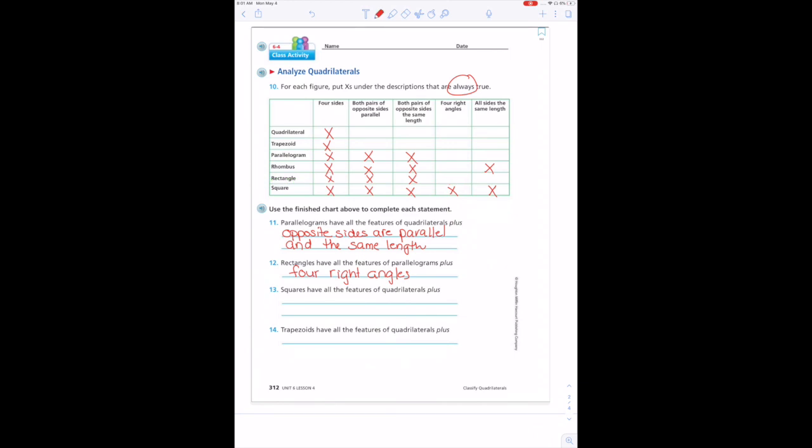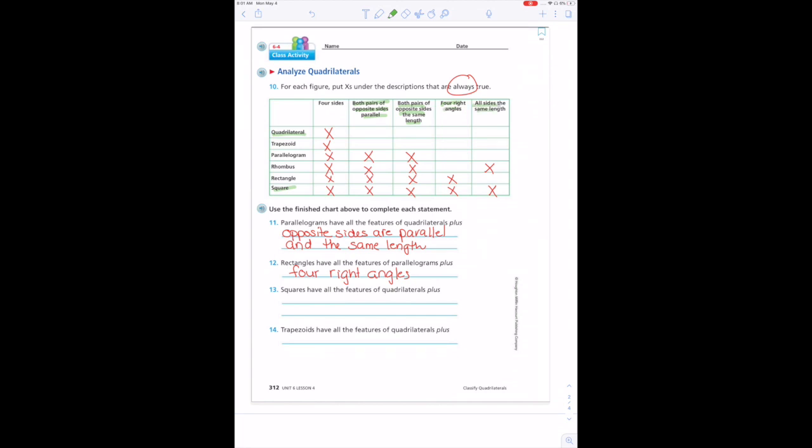Now, oops, got rid of my X there too. Squares have all the features of quadrilaterals. So now we are going to look at squares and quadrilaterals, right? Except for what? Both pairs of opposite sides the same length, 4 right angles, and all sides the same length.